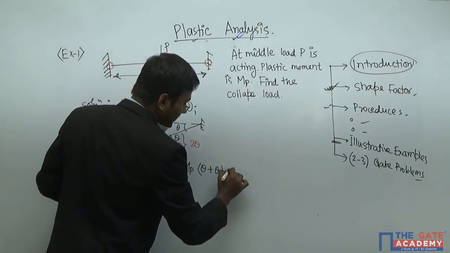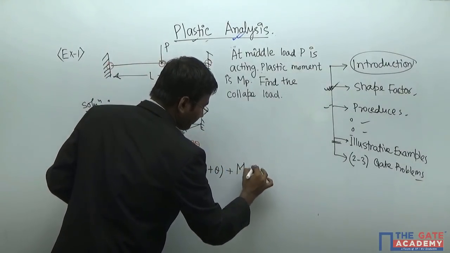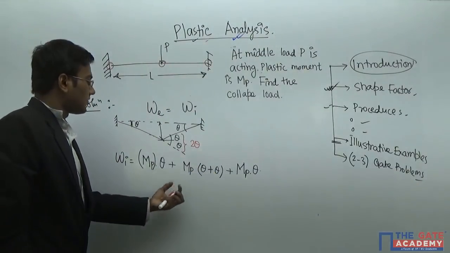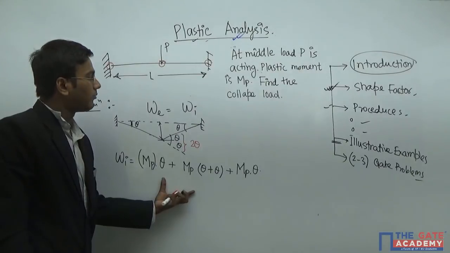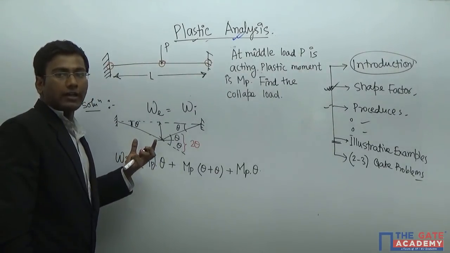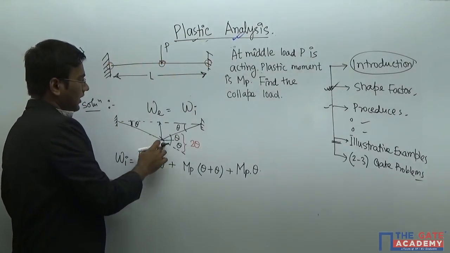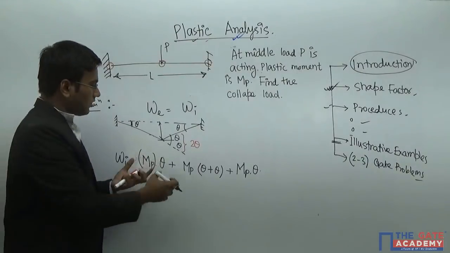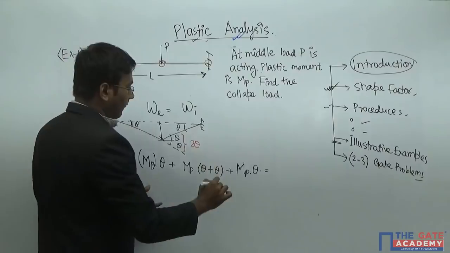And here a plastic hinge will form, so MP into theta. So this is the way you can find the internal work in plastic analysis. First job, where to find the plastic hinge locations? Here, here and here, right? Just we find this. So it will come 4 MP theta.